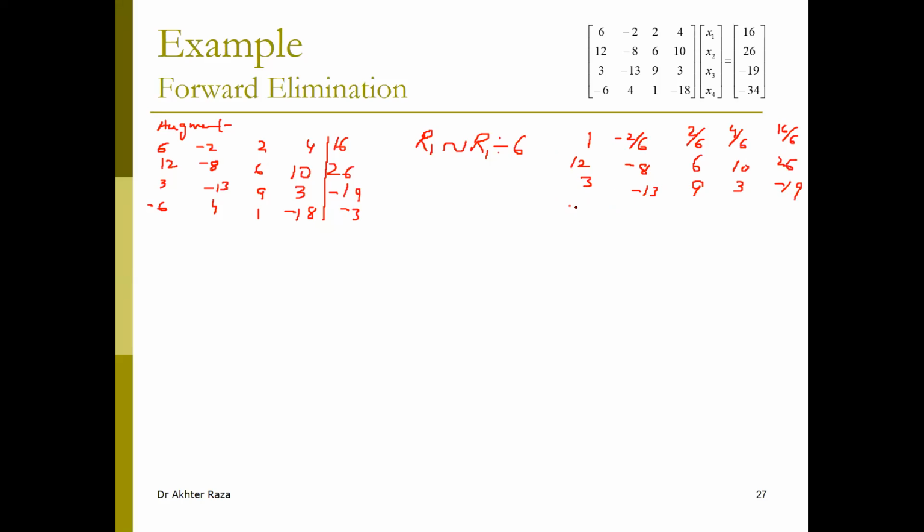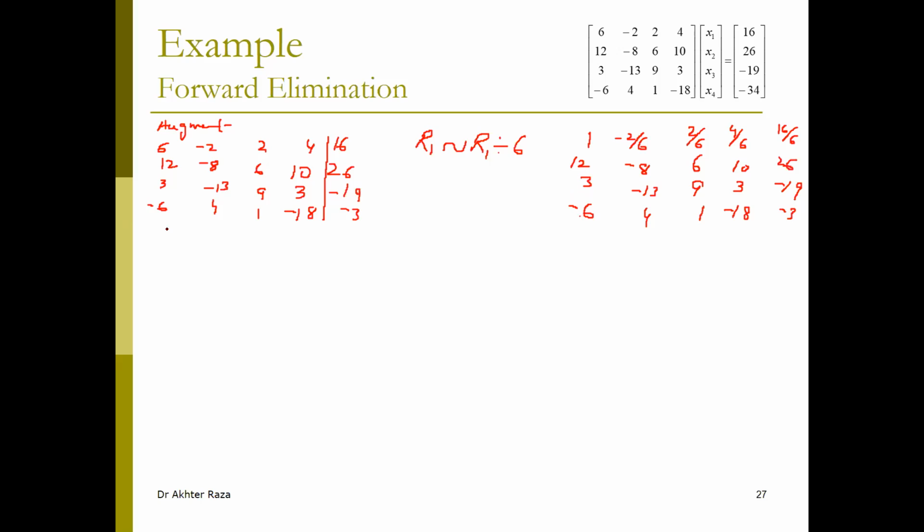Then we have -6, 4, 1, -18, and -3. What will be the next step? We have to make these elements 0. This is to be 0. This is to be 0. These three elements simultaneously, we can make 0.